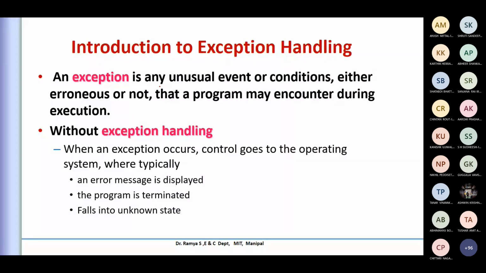Either it is due to errors, or sometimes due to some execution exceptions. If you don't use exception handling, it will be a problem. But I can handle these exceptions or errors by displaying a proper message, or you can terminate in a proper way.